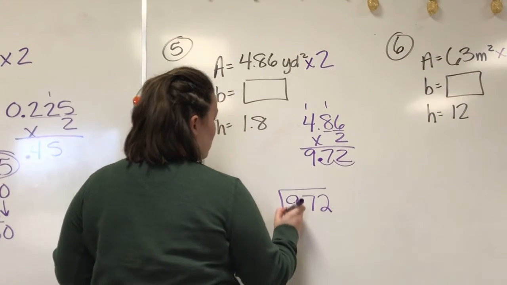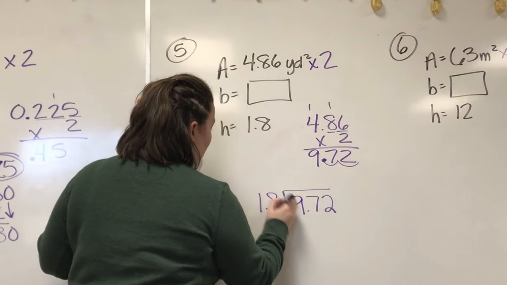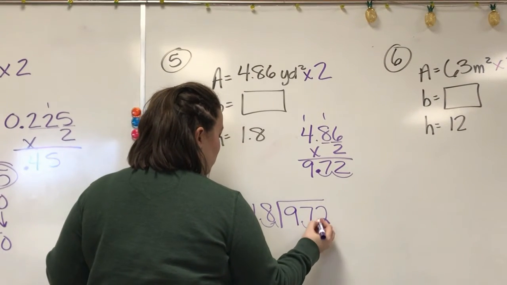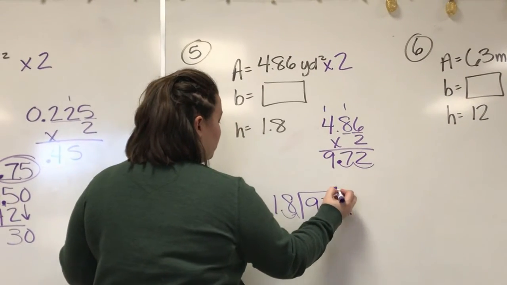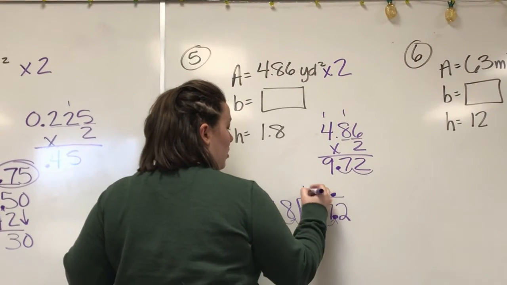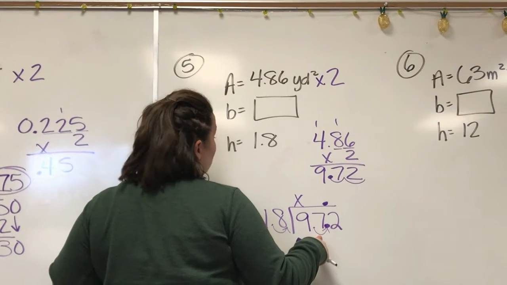9.72 is going to go inside your box, and we're going to divide it by 1.8. Oh no, I'm not good at dividing by larger numbers. Bring your decimal straight up. Can 18 fit into 9? No, it cannot. Can 18 fit into 97? Probably.